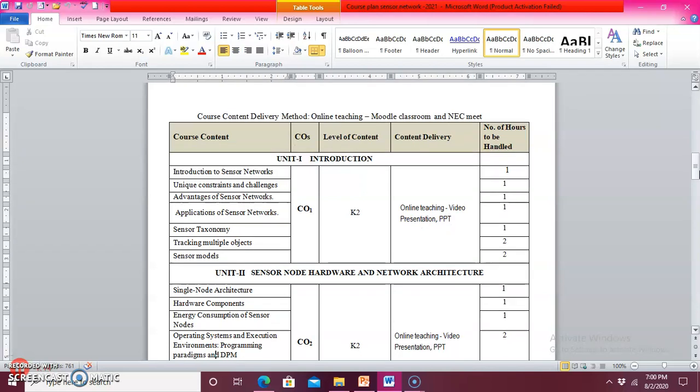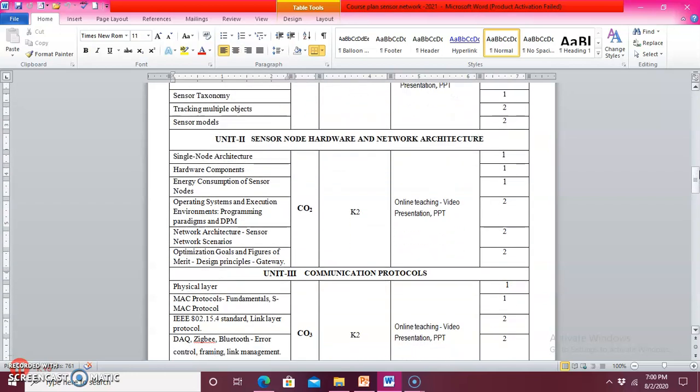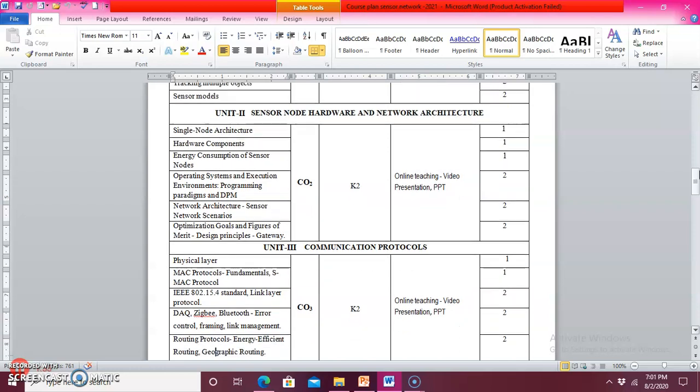Unit 2 talks about the sensor node hardware architecture, what components it involves, and then the operating system and execution environment. And the third is about the optimization goals, and the third unit is about the communication protocol.